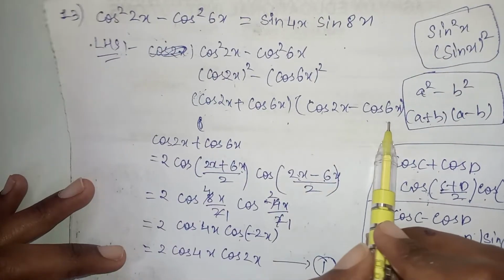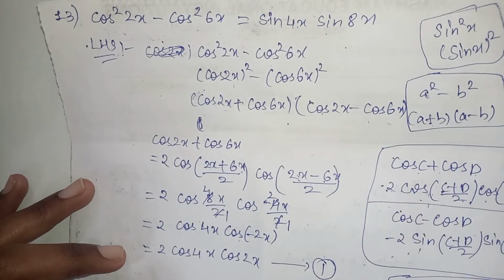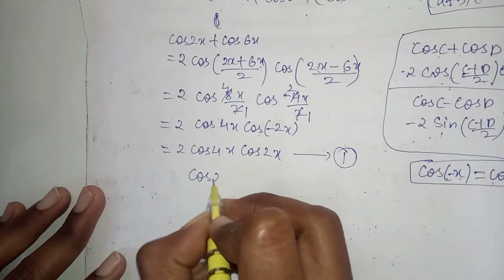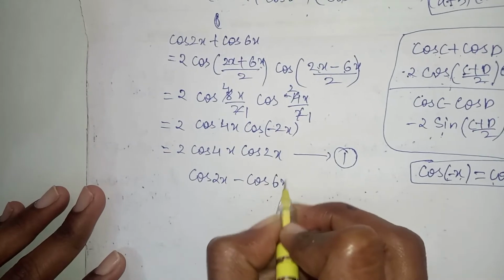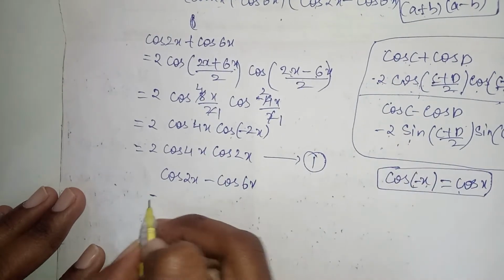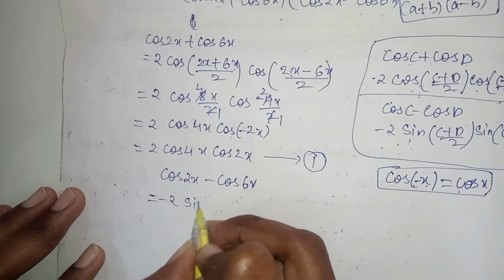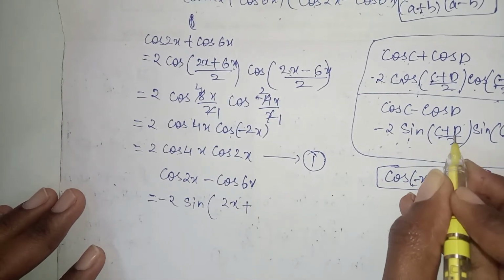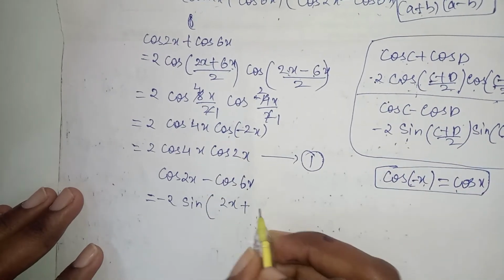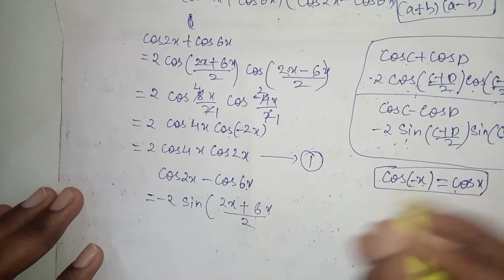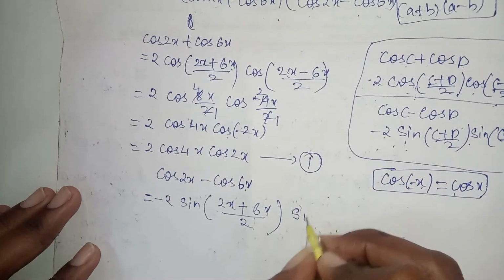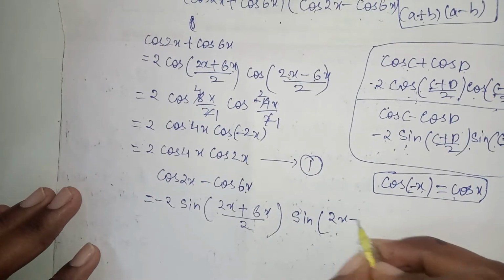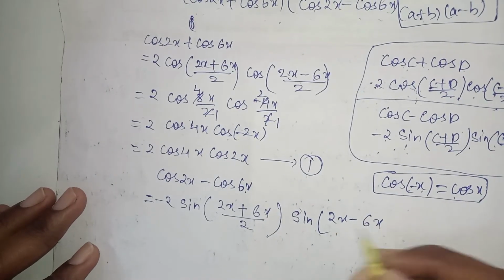Let's start the cos 2x minus cos 6x. So cos 2x minus cos 6x. What is the formula? Minus 2 sine of (c plus d) by 2, that is 2x plus 6x, divided by 2, sine of (c minus d) by 2, that is 2x minus 6x, by 2.